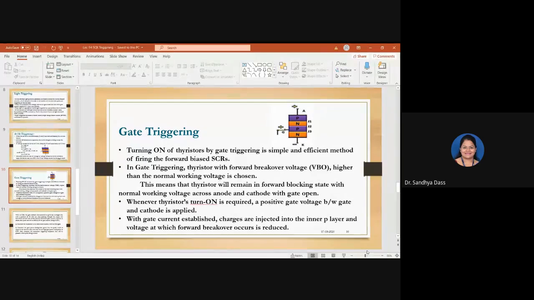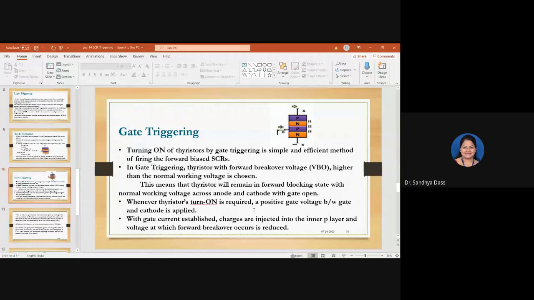Recall that? So what do we do then? We apply a gate voltage, that is we apply some voltage across gate and cathode terminal, because of which there will be a current flowing to the gate terminal, right? That will inject charge carriers to increase in this junction, and that will make junction J2 break down, which will cause the device to turn on.